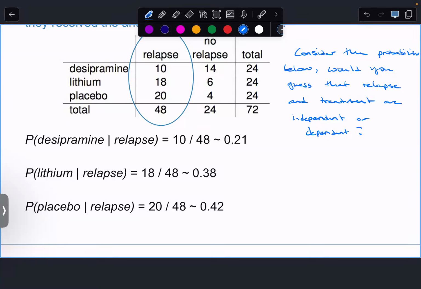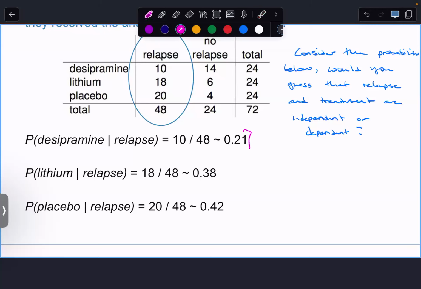What does it mean to be independent? It means knowing the outcome of one of the things. So knowing that they relapsed, if these things are independent of each other, then these probabilities should be roughly the same. Right? But because they're not, I would say it looks like the treatment and the relapse are dependent events.